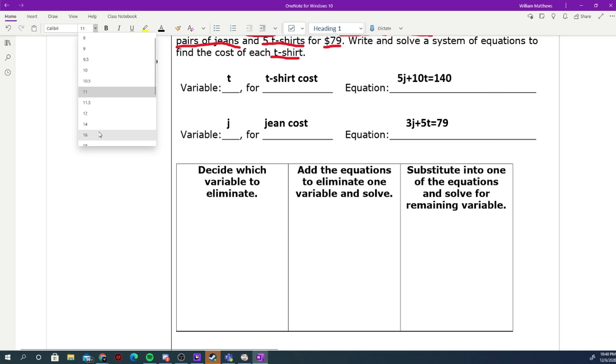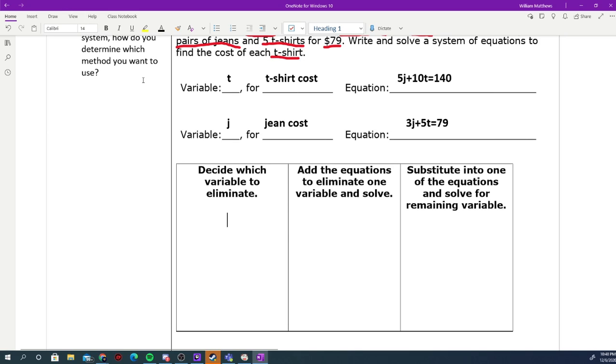So I'm going to state that I'm going to eliminate T. I'll write down my two equations so I can show what I'm going to multiply by.